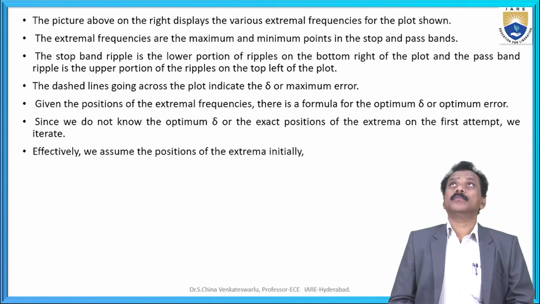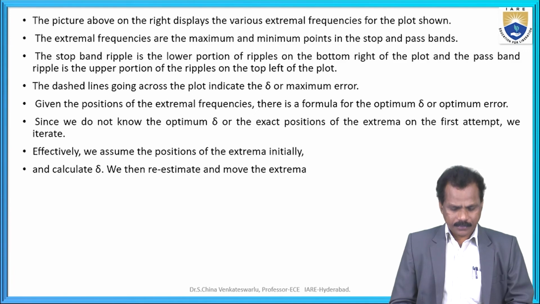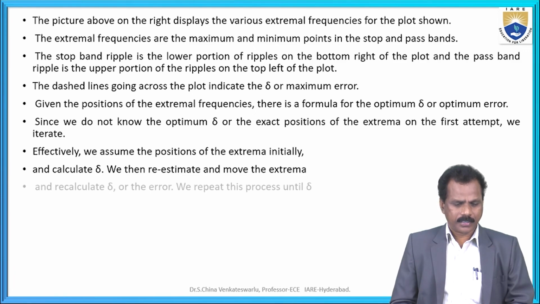Effectively, we assume the positions of the extrema initially and calculate delta. We then re-estimate and move the extrema. Like that, we should follow this step-by-step procedure and calculate the delta or the error.